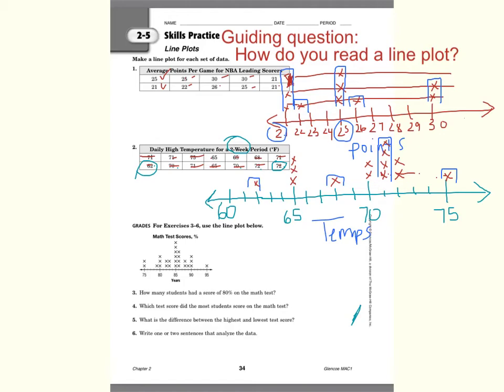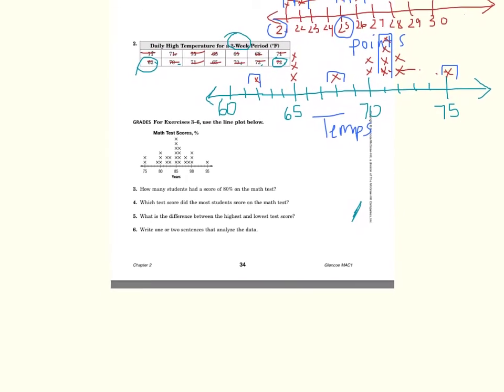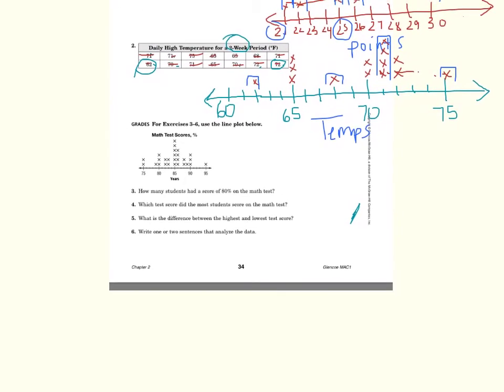Let's go down to the bottom one and let's answer some questions about this. Before we answer questions about it, though, I want to talk about what it looks like. It says that these are math test scores, and they're all the percents. So this is a title, and we didn't put titles on the ones above.